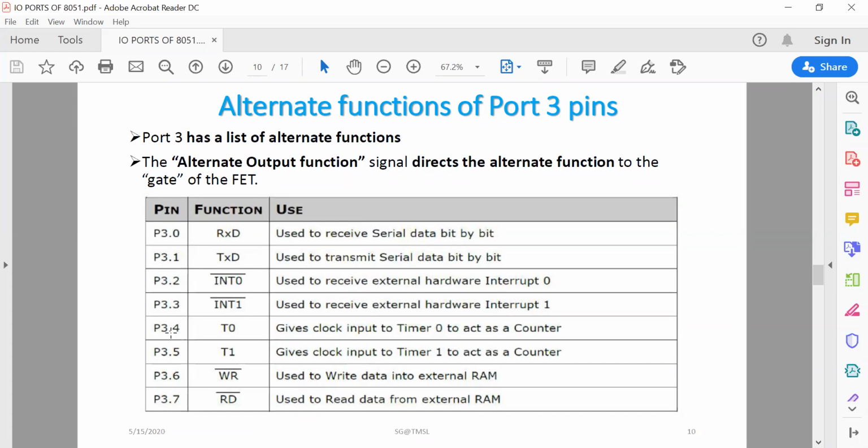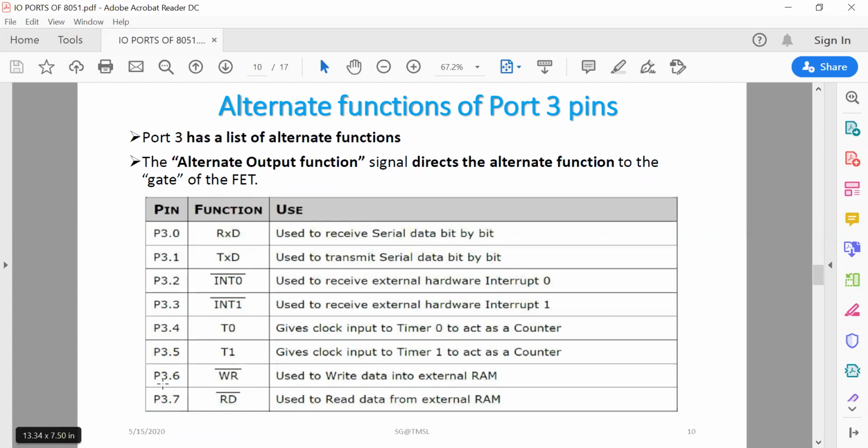The next pin is P3.4, T0, which gives the input to timer 0 and can be used as a counter. P3.5, T1, gives the input to timer 1 and can be used as a counter.